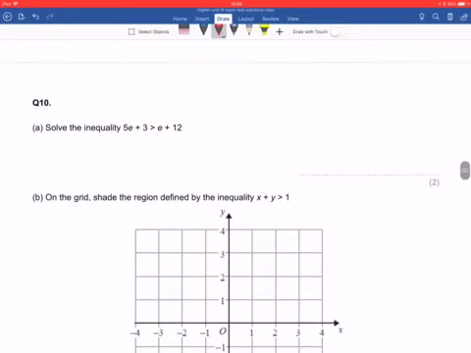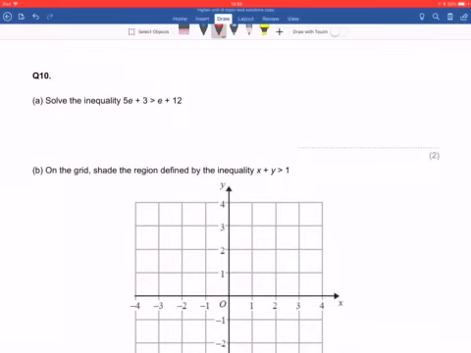Right. Question 10. So again, same thing. I want e on its own first of all. I take e off both sides and I get 4e plus 3 is greater than 12. I just want to find out what e is, so I take 3 off both sides and I get 4e is greater than 9.